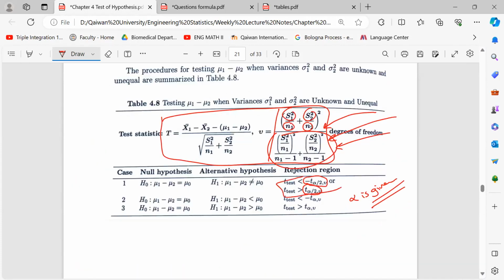In these two cases, we reject. Reject what? H naught.